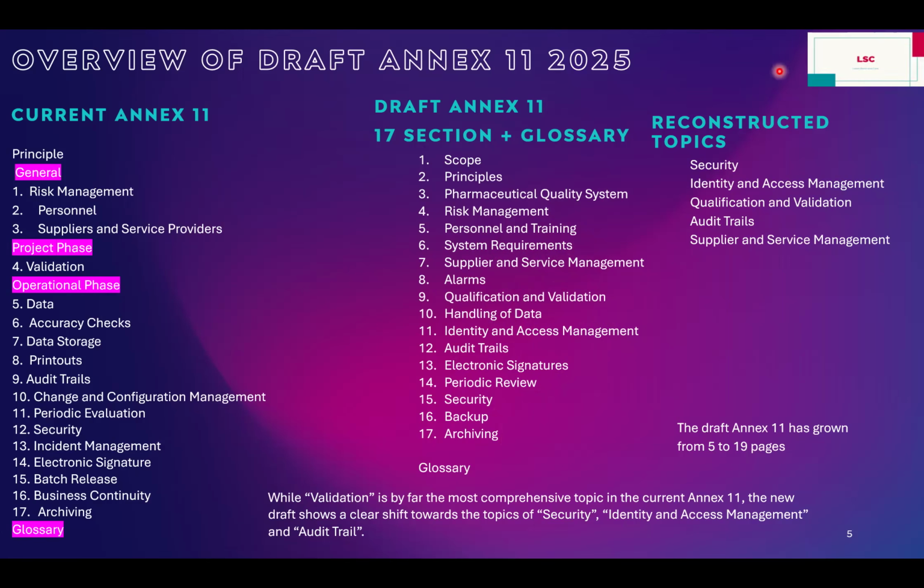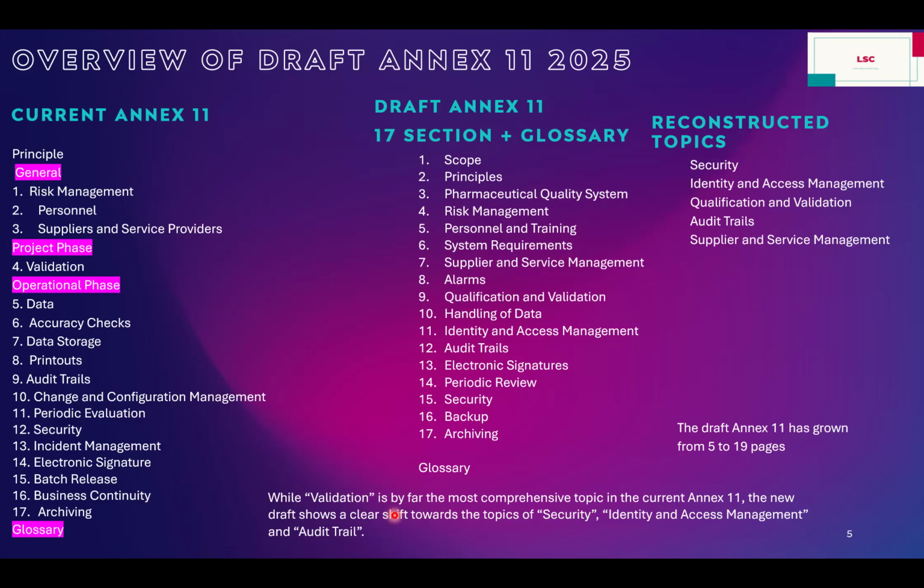If we see the restructured topics, they are security, identity and access management, qualification and validation, audit trail, and supplier and service management.